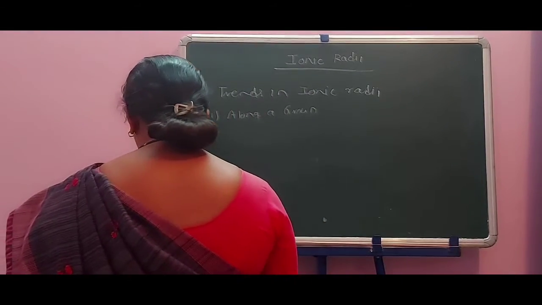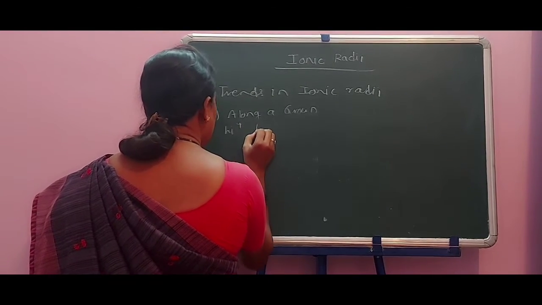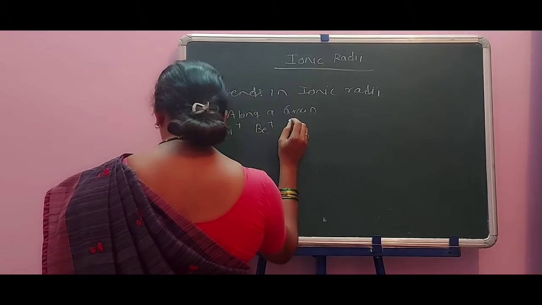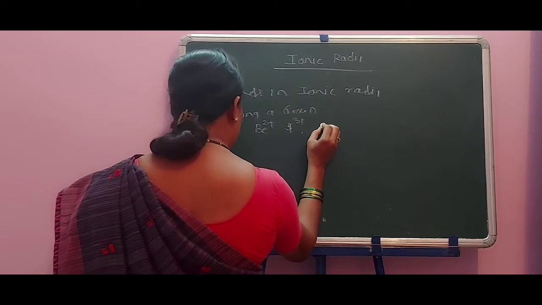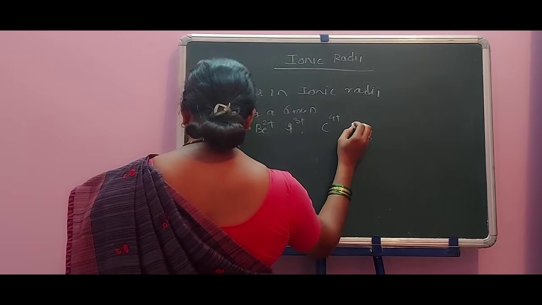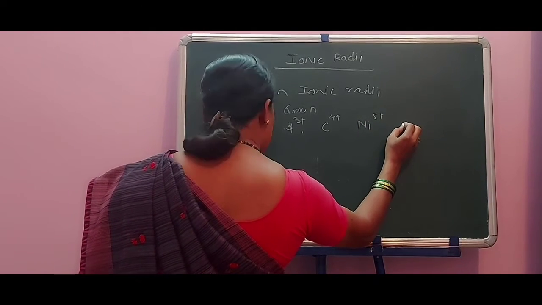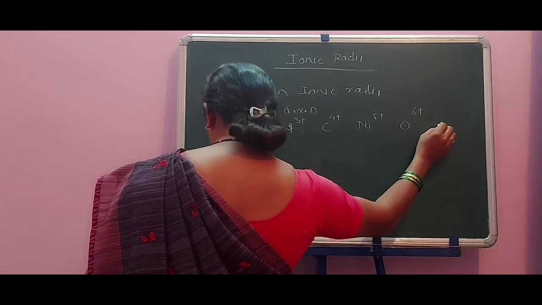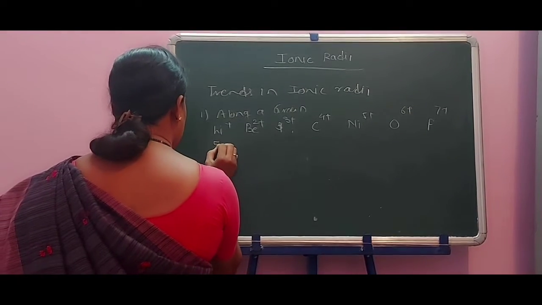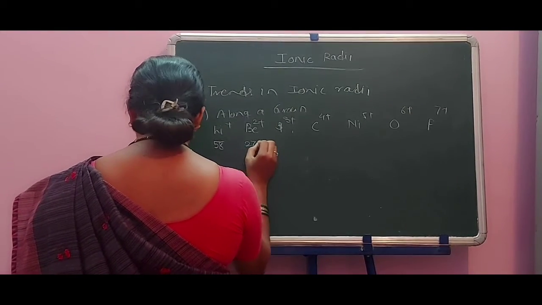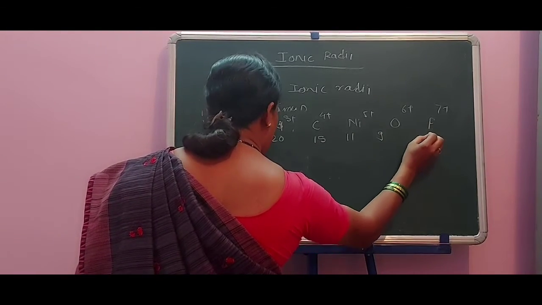I am going to give you the values of ionic radii: Li plus, Be 2 plus, B 3 plus, C 4 plus, N 5 plus, O 6 plus, and F 7 plus, with values 58, 27, 20, 15, 11, 9 and 7.